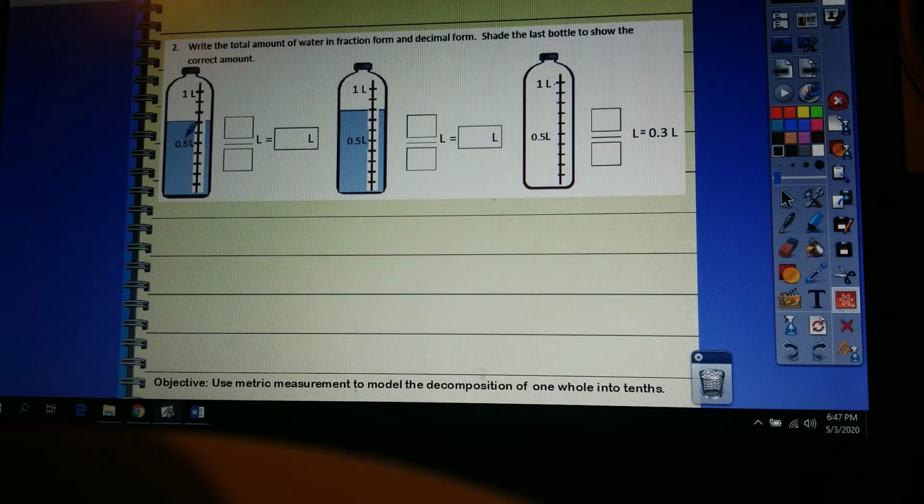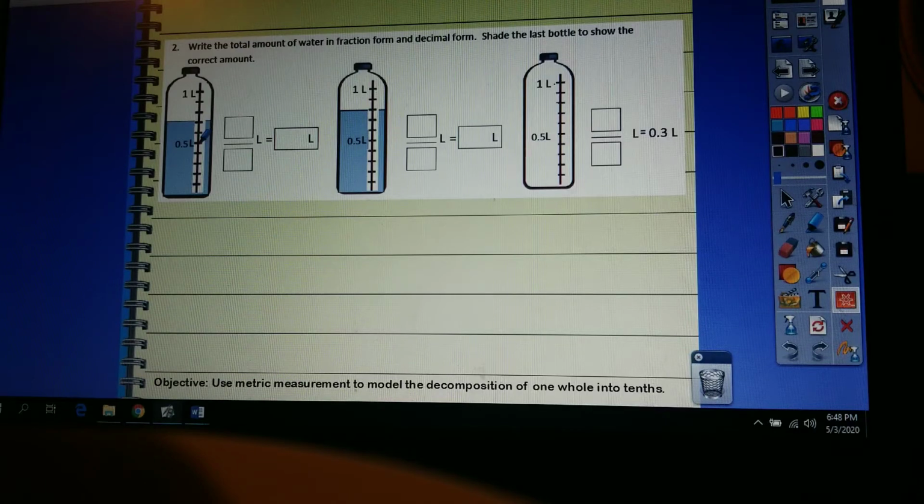And then 0.5, that is 5/10. So this would be 1/10, 2/10, 3/10, 4/10, 5/10, 6/10, 7/10, 8/10, 9/10, 10/10, which again is 1 whole. So they want us to describe what the liquid is.